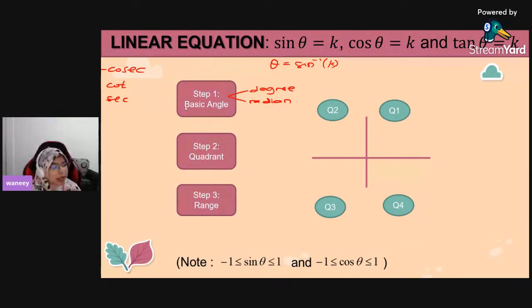That totally depends on the question. When you read the question, for example sine of theta equal to half, do read what theta is in between. If theta is in between 0 and 180 degree, then your basic angle should be in degree as well. If theta is in between 0 and pi, then those are radian.